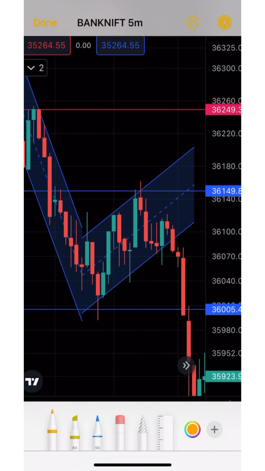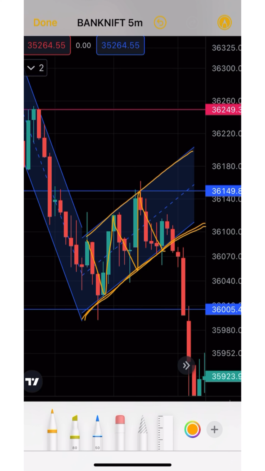Let's discuss how to make an entry, exit and stop loss levels in a bearish flag. Once the market consolidates in this parallel zone, you need to wait for a 5-minute or a 15-minute red candle to close below this parallel line.